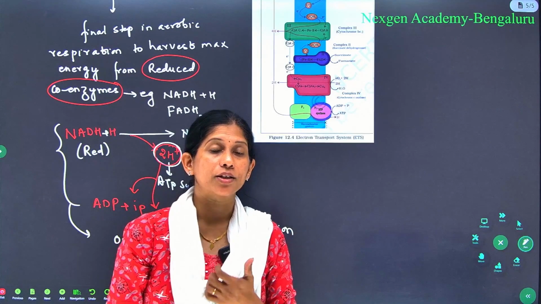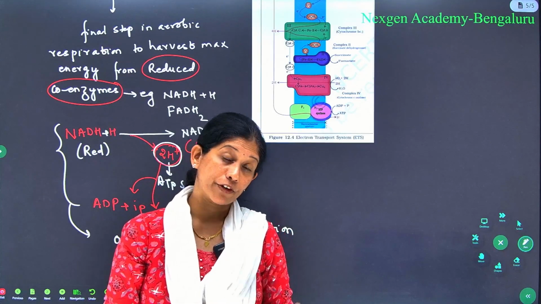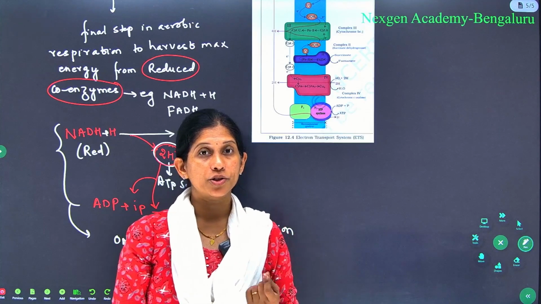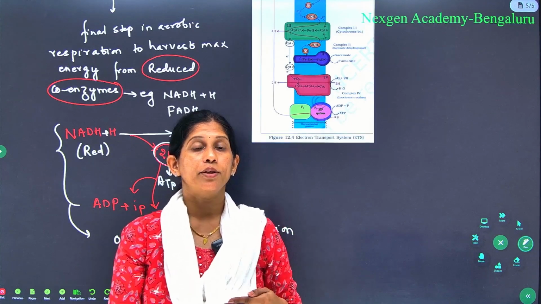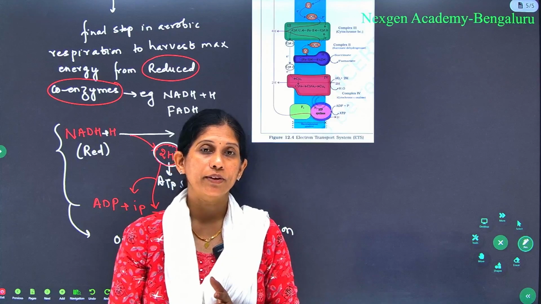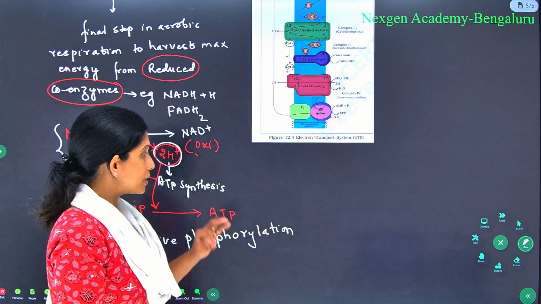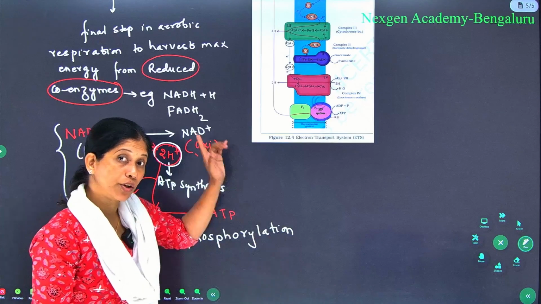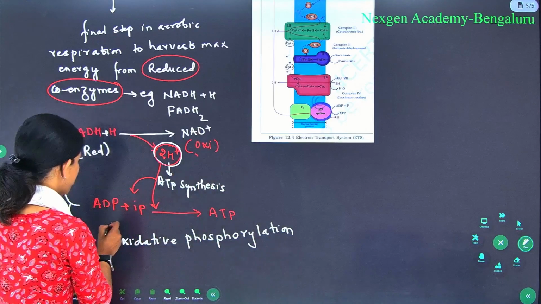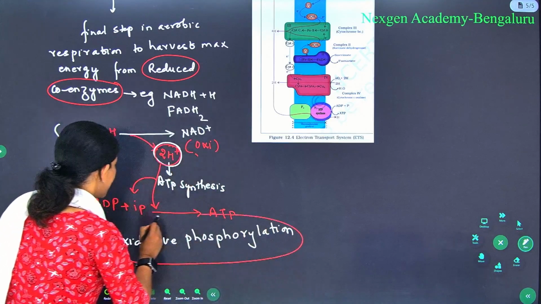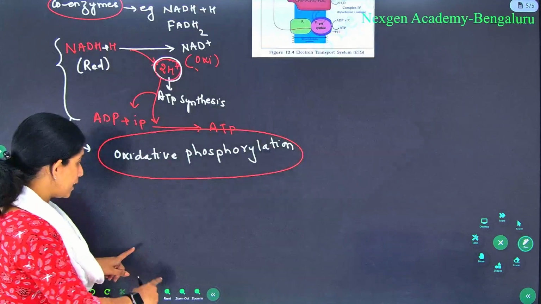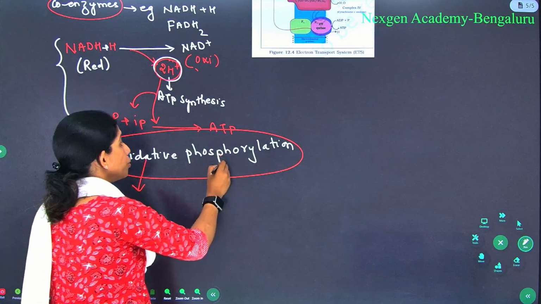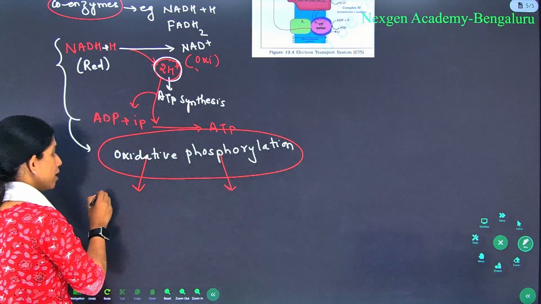As I was telling you, the electron transport system or electron transport chain is a process wherein the maximum amount of energy can be harvested, where the energy equivalent stored in NADH2 and FADH2 can be used to convert ADP to ATP, right? The process by which ADP to ATP formation happens during the electron transport system is called oxidative phosphorylation. Two words are used here: you have oxidation, you have phosphorylation.